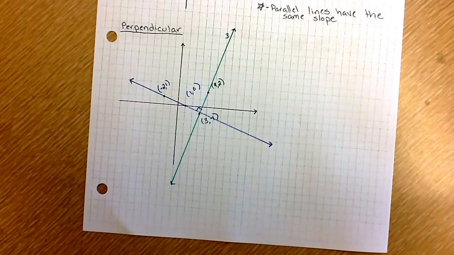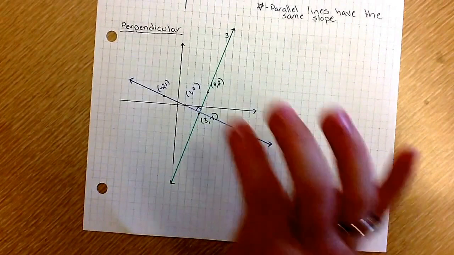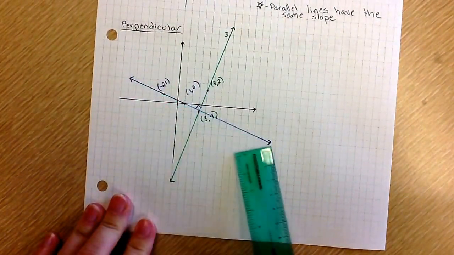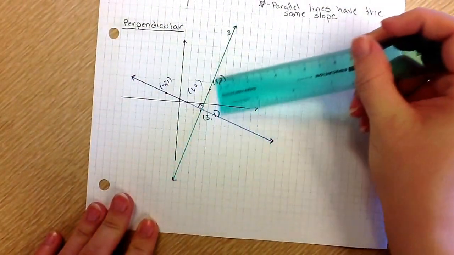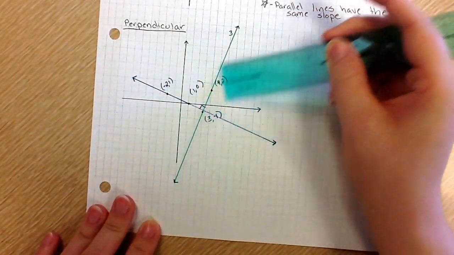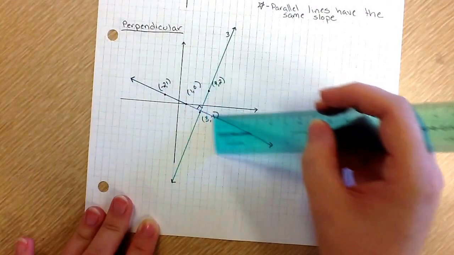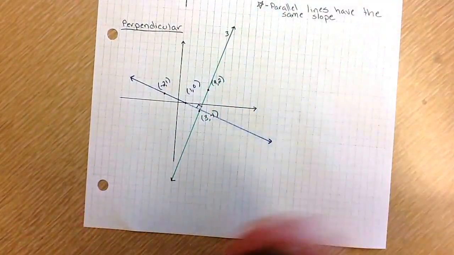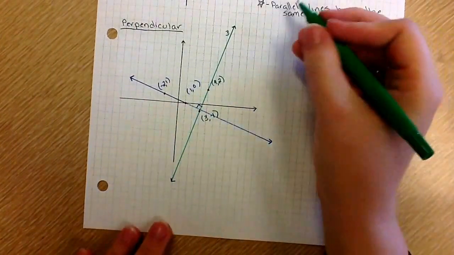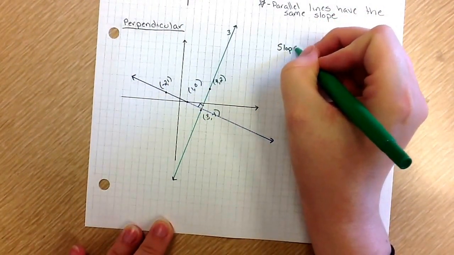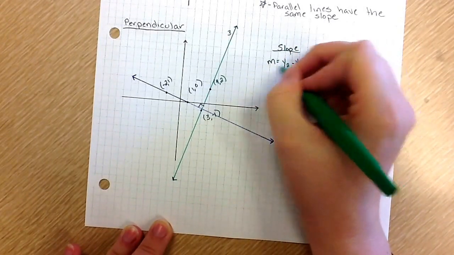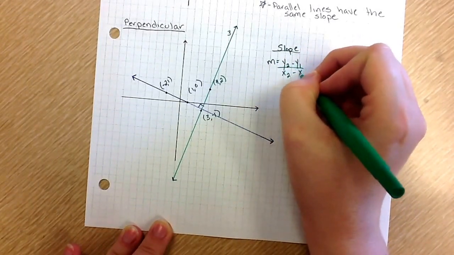Now let's go ahead and evaluate the slopes on these. For one, I can tell the slopes are definitely not the same. This slope here is going to be negative, it's going down. This slope here is going to be positive. And this is way steeper than this one. So this slope is probably going to be a smaller negative number. This one's going to be a much larger positive number. Let's find the slope of the green line. Again, we're using m equals y2 minus y1 over x2 minus x1.